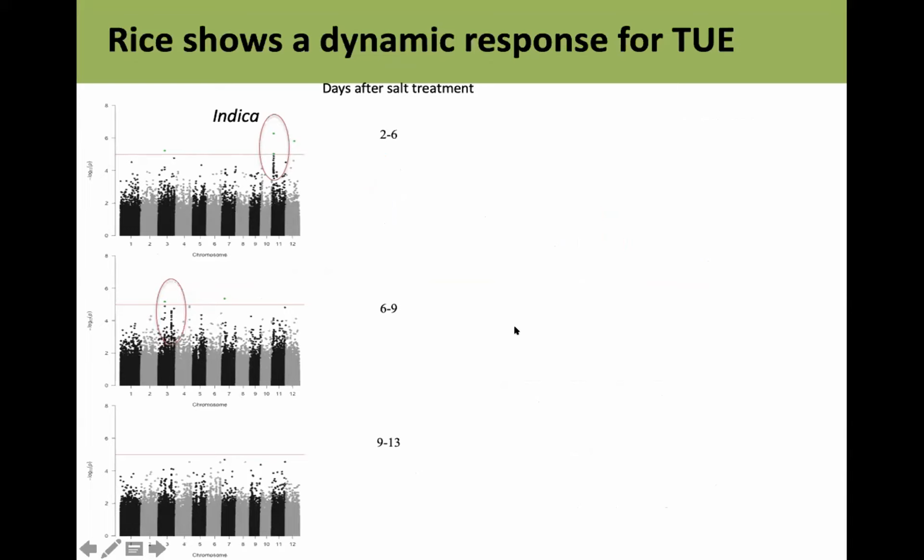So we identified some loci present exclusively during the early time intervals on chromosome 11 after salt treatment, and then the presence of that loci would disappear in the next interval, and then you could see something significant possibly popping up in chromosome 3 and then disappearing altogether in the later phases. So thus rice exhibits a dynamic and complex response to salt stress that's consistent with the hypothesis that there are two distinct phases of salt stress.